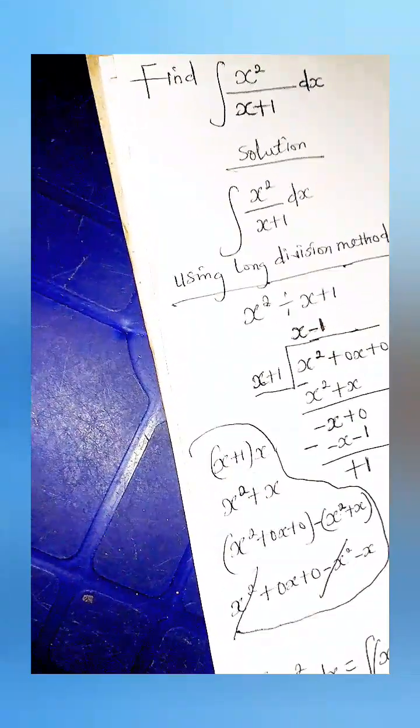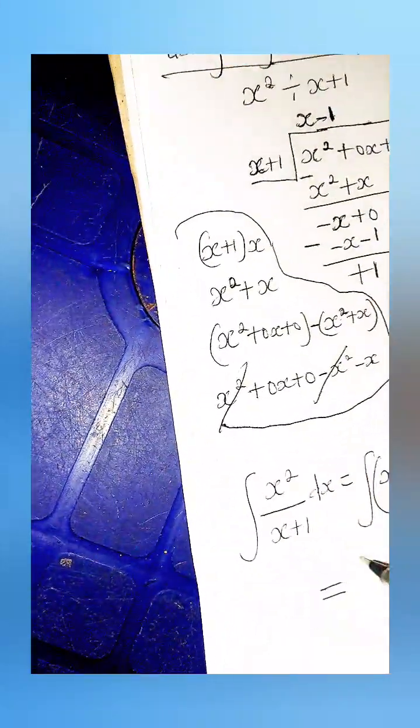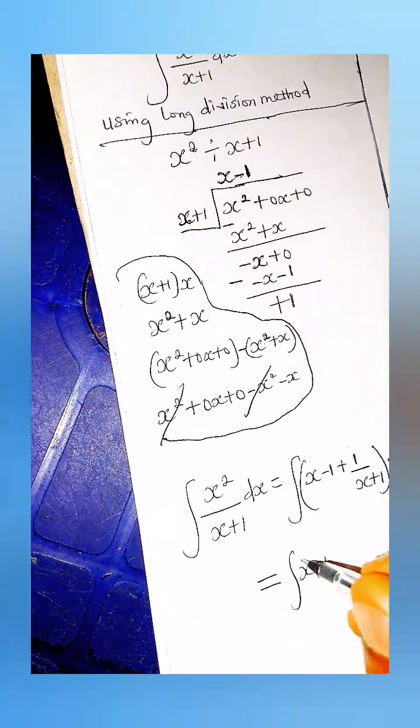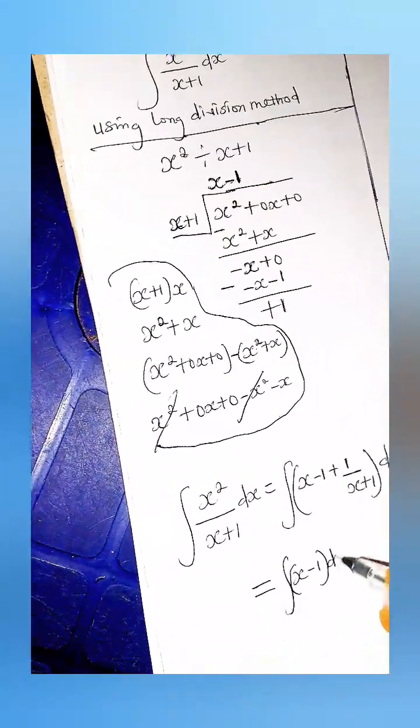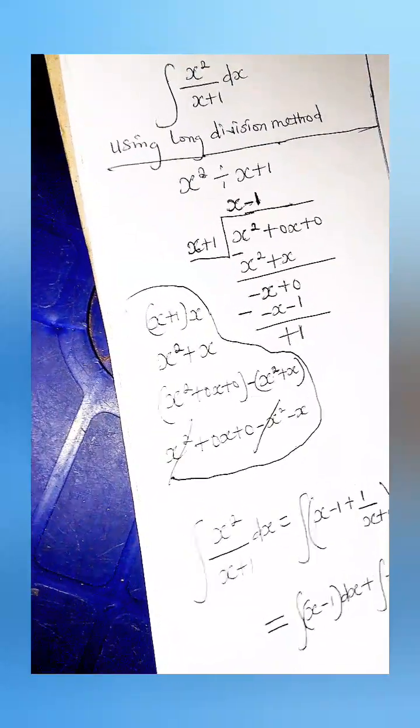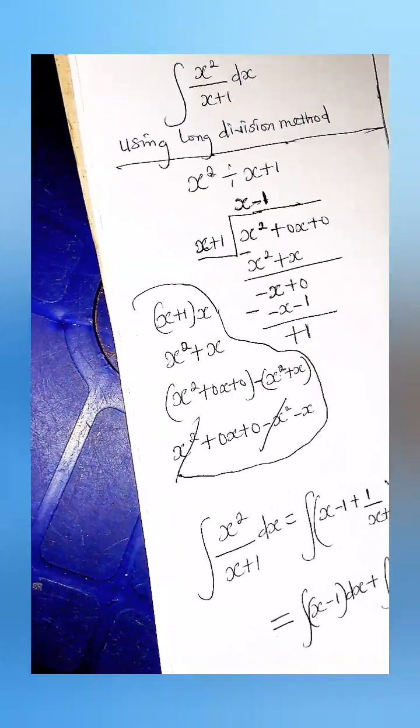If we separate this, we are going to have the integral of s minus 1 ds plus the integral of 1 over s plus 1 ds.